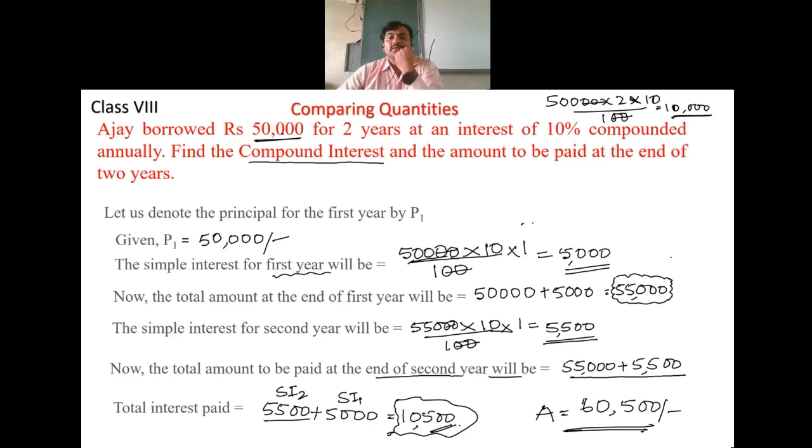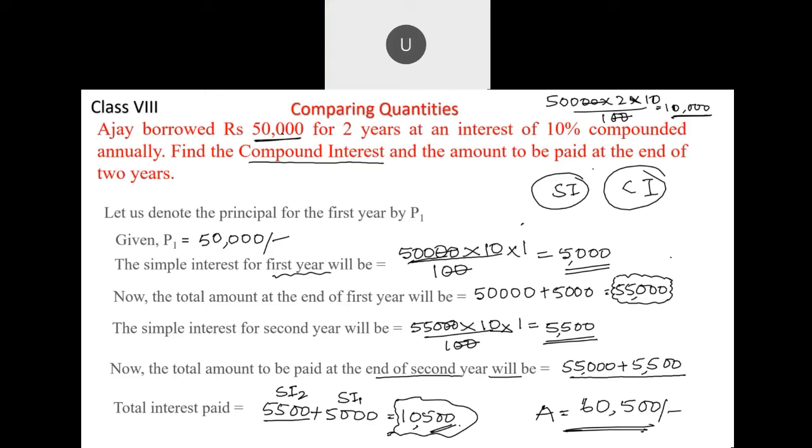If they are working in the bank and take a loan from the bank, they will pay simple interest. If somebody else takes the loan, they will pay compound interest. That is one of the benefits of a bank employee.